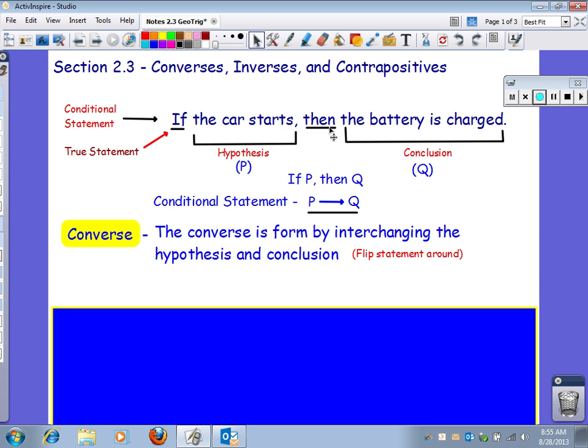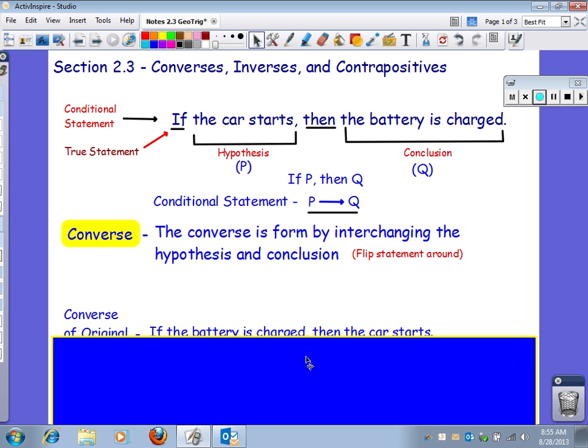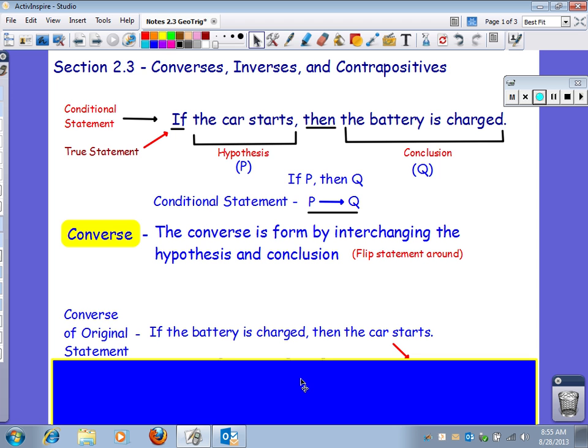If the car starts, then the battery is charged. If you flip that around, you would put the battery is charged in the front, and you would put the car starts in the back. So it would look like this: if the battery is charged, then the car starts.